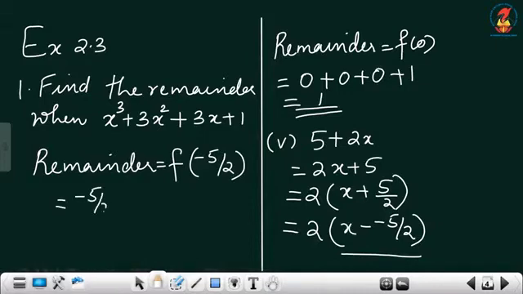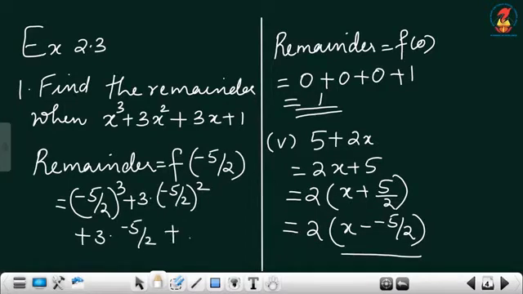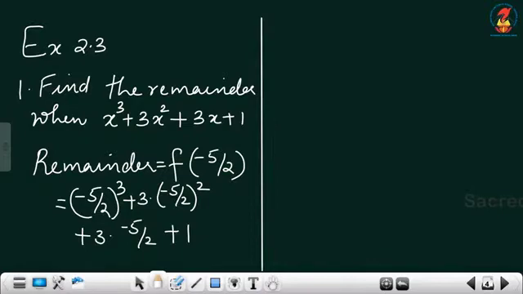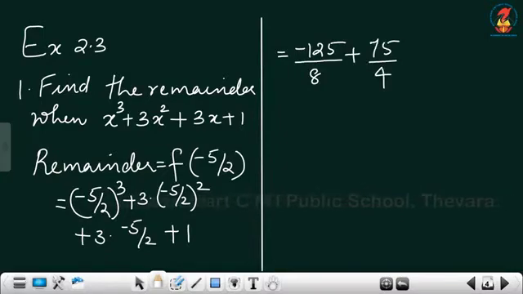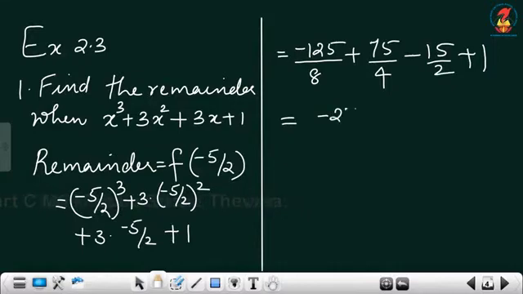So, minus 5 by 2 whole cube plus 3 into minus 5 by 2 whole square plus 3 into minus 5 by 2 plus 1, which is equal to minus 125 divided by 8 plus 75 divided by 4 minus 15 divided by 2 plus 1, which is equal to minus 27 by 8.